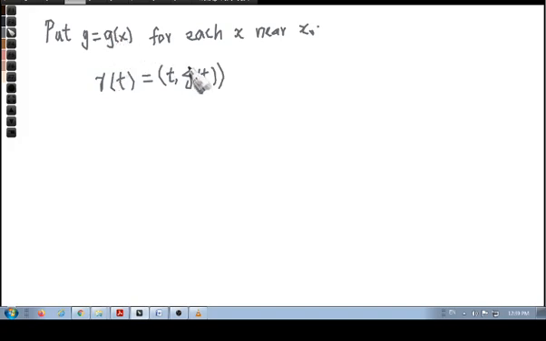You can show that g is smooth; that uses the inverse function theorem.